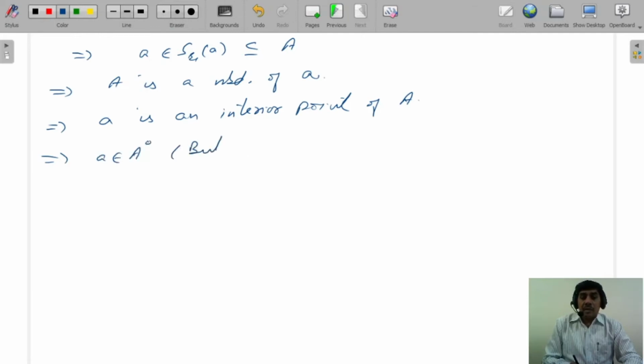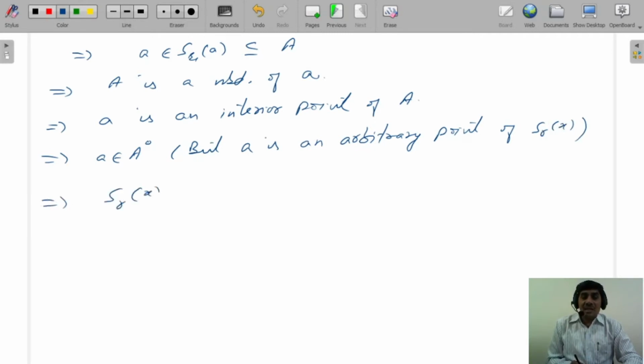But a is an arbitrary point of S_r(x). This implies S_r(x) is contained in A interior.